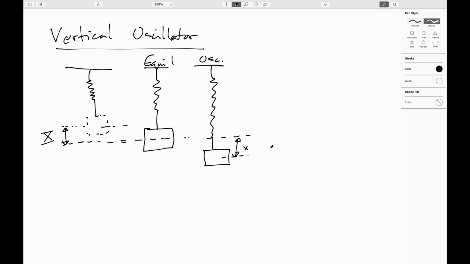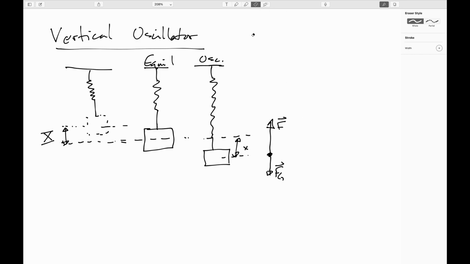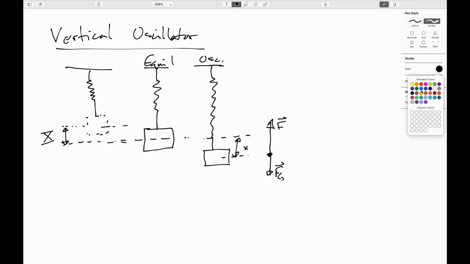So let's go ahead and draw a free body diagram for this situation right here. Since the spring is stretched beyond the equilibrium position, the force of the spring is greater than the force of gravity pulling down on it. So we can go ahead and write Newton's second law for this. Let's make down positive.